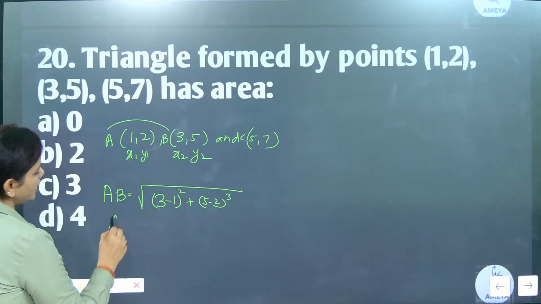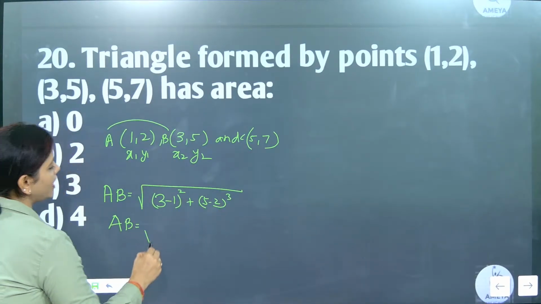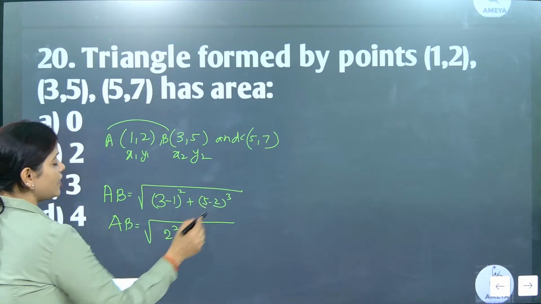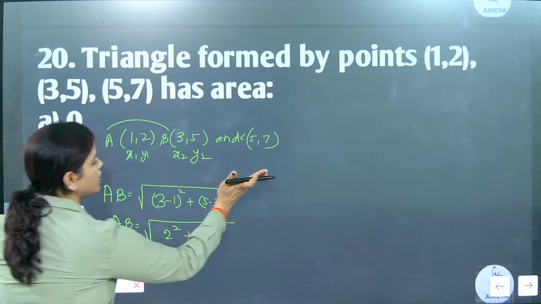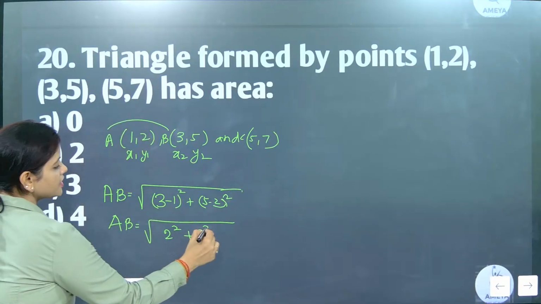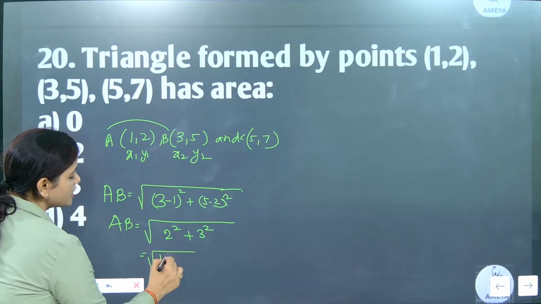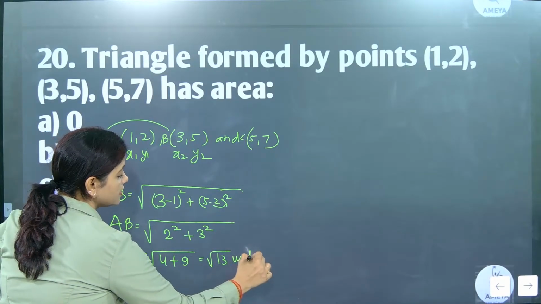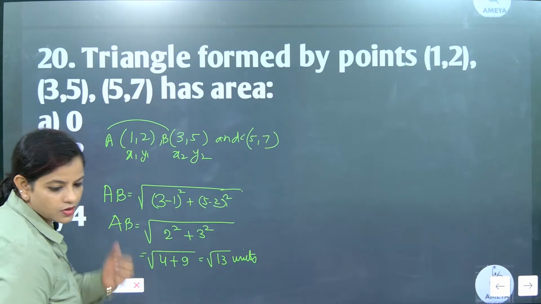First we find the edge value AB: 3 minus 1 is 2, square; 5 minus 2 is 3, square. So it is 4 plus 9, coming as 13 units.